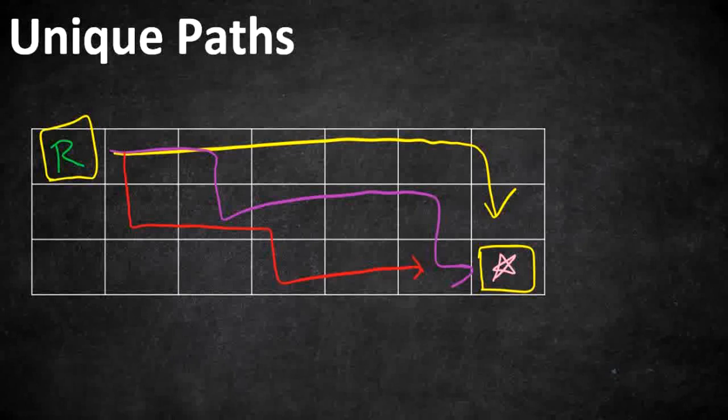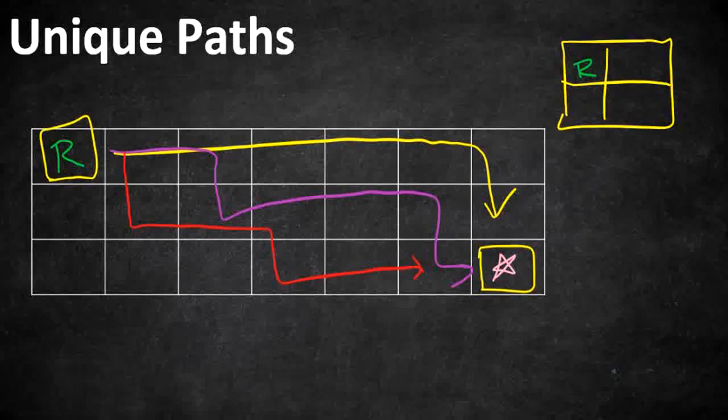So for this problem, what is the smallest possible problem we could get? Let's reduce the grid size. Let's consider we have only a 2 cross 2 grid where the robot is placed in the leftmost cell and a star is placed in the rightmost cell. Now what are the possible solutions for the robot to reach the star?